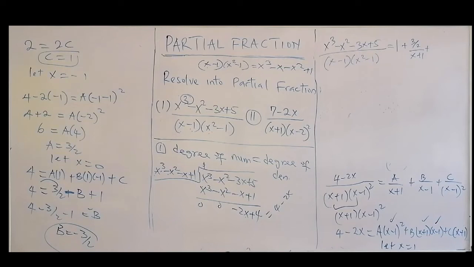Our b is minus 3 over 2 over x minus 1, then c. C is 1 over x minus 1 all squared. So that will be equal to 1 plus 3 over 2 into bracket x plus 1, then minus 3 over 2 into bracket x minus 1, then plus 1 over x minus 1 all squared.